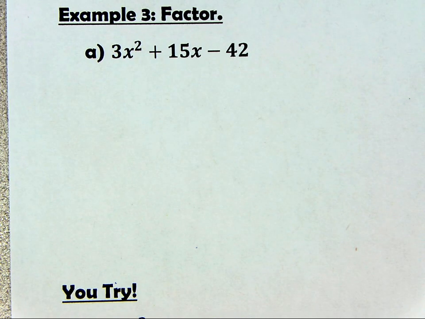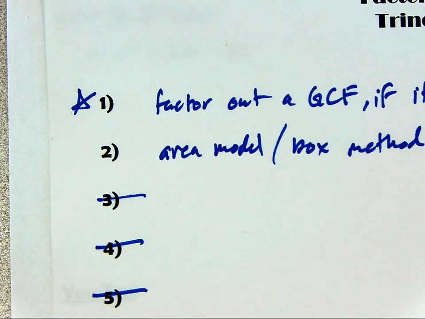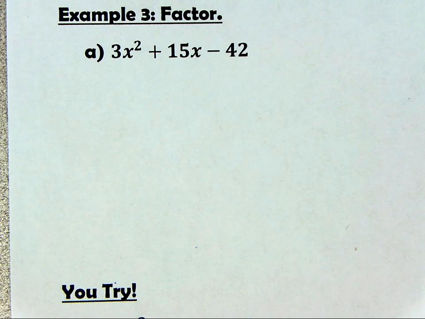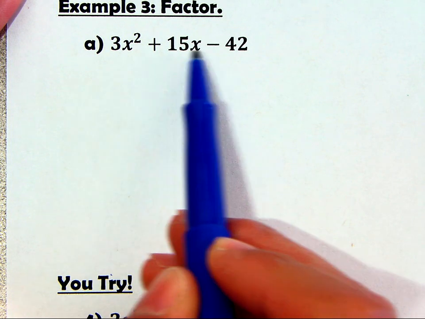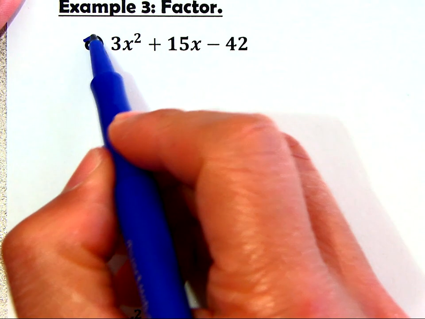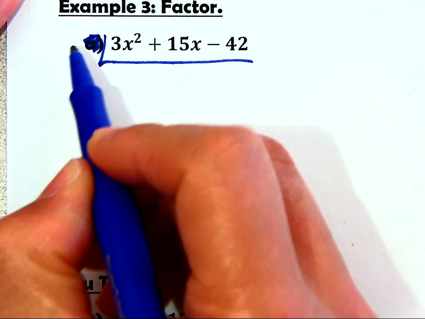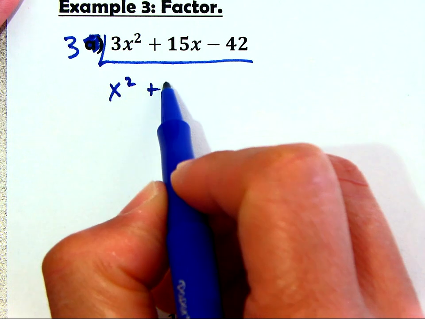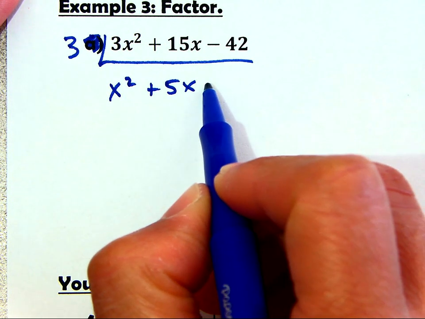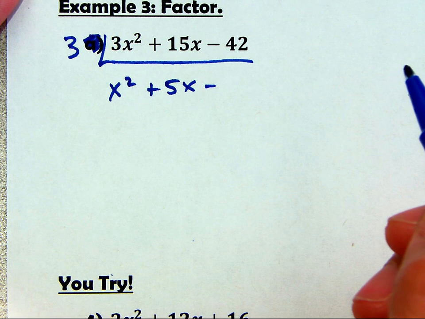What is the one thing we have not done yet, but was part of our step-by-step process? Factor out a GCF. So if you look at example 3, look at your coefficients, 3, 15, and 42. Those are all divisible by 3, and that's going to leave us with x squared plus 5x minus, is it 14?